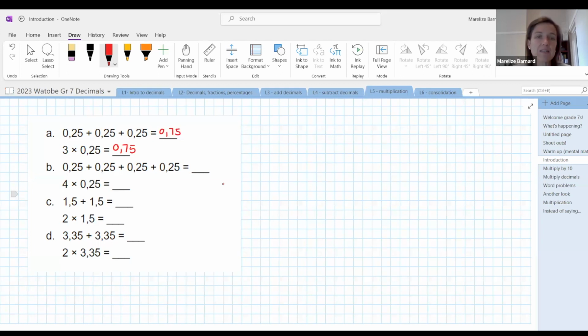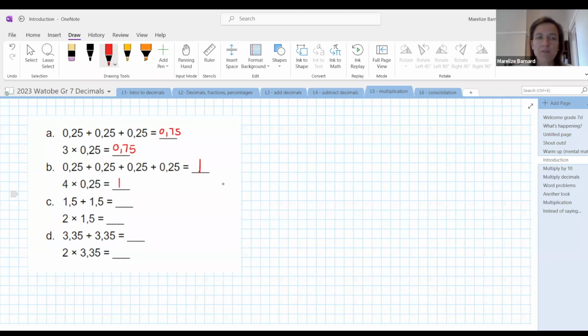If I put another 0,25 with that, that gives me 1. Not 0,1, but 1. That makes up 1 whole. So 4 times 0,25 is how much? That's also 1, because if I add 0,25 together 4 times and I get 1, then 4 times 0,25 is also 1.